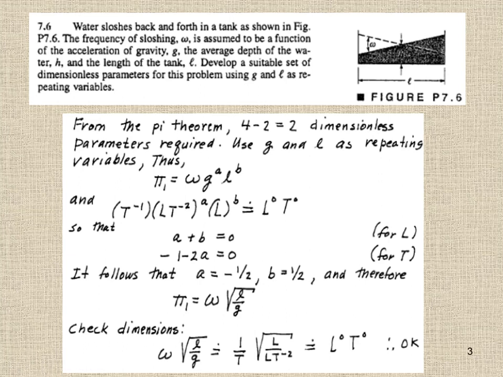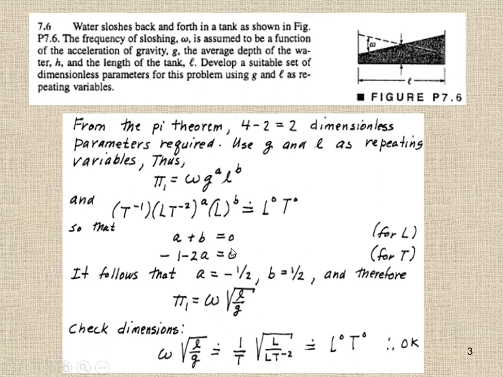Now we have to cross check. We put the dimensions back in this pi term that we derived, and when we solve all the dimensions, we end up with L naught and T naught. That means this relationship is dimensionally possible.